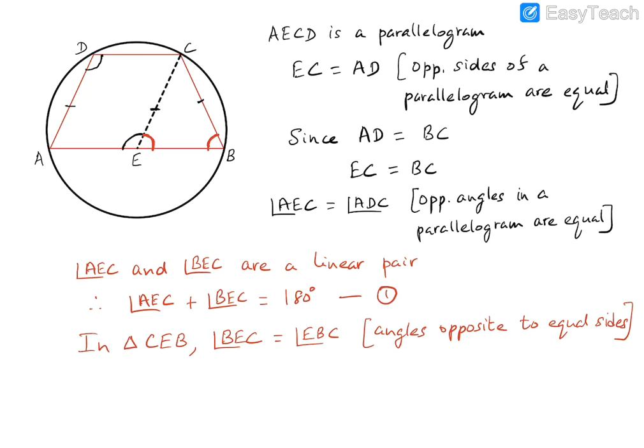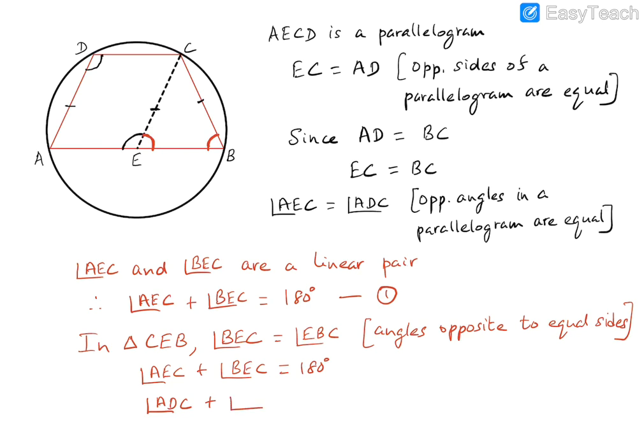So let's write equation 1: angle AEC plus angle BEC equals 180 degrees. But we know that angle AEC is the same as angle ADC. So in place of AEC, we write angle ADC, plus angle BEC is the same as angle EBC, which is this angle here. So in place of BEC, I'm going to write EBC.